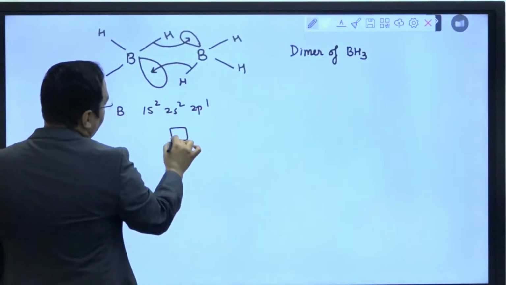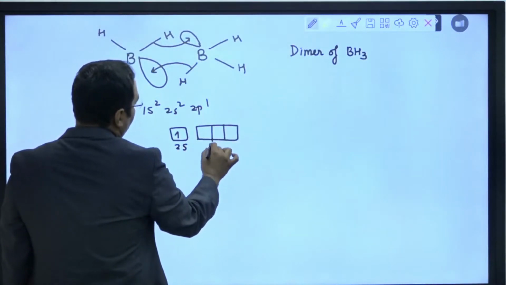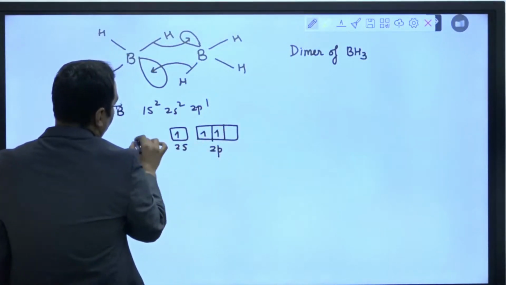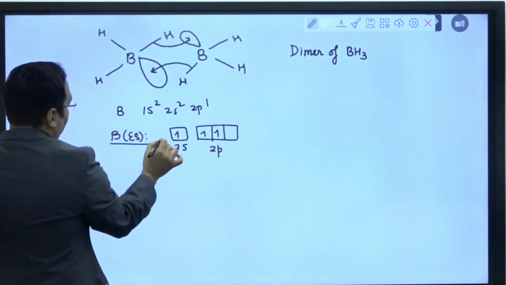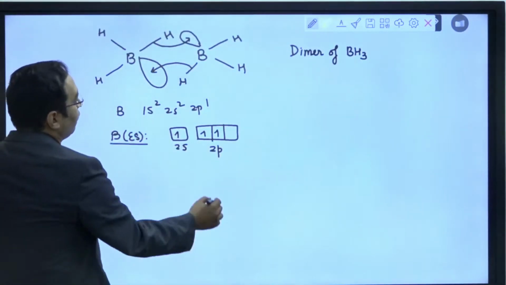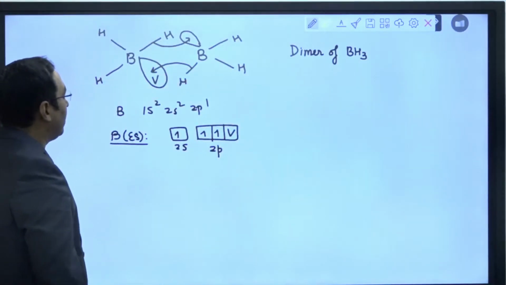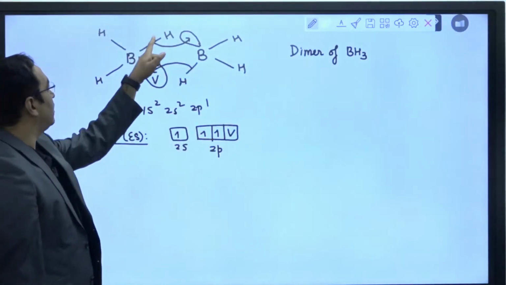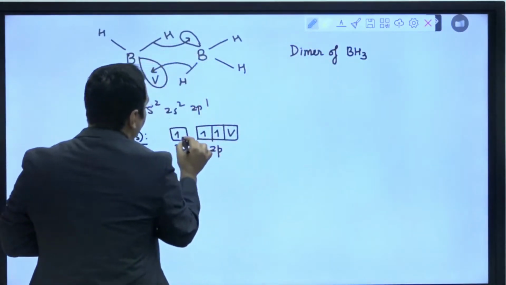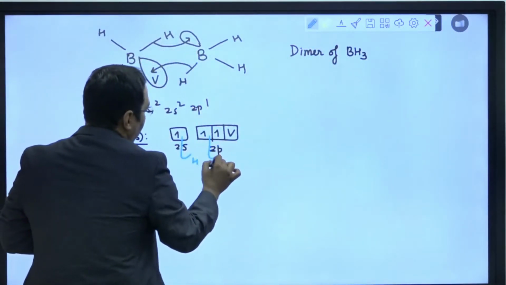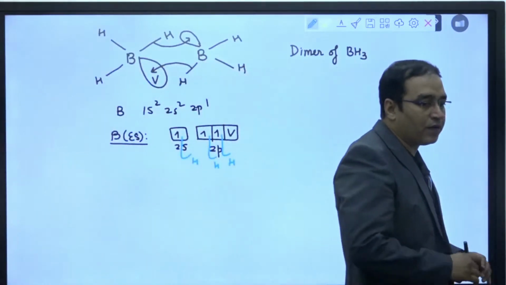In excited state you can say 2s1 and 2p2. Excited state. Still, this vacant orbital is there, right? And this is the vacant orbital we are talking about. And these 3 places, hydrogen is forming bond. So, H is forming bond here, here, and here. So, I have given you VBT of BH3 also. Is that okay?